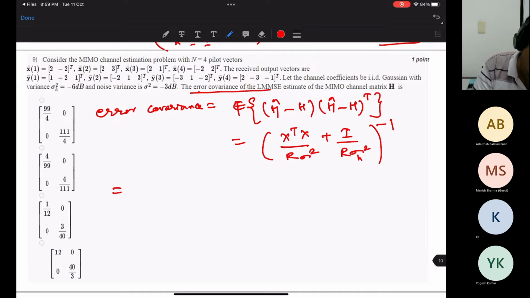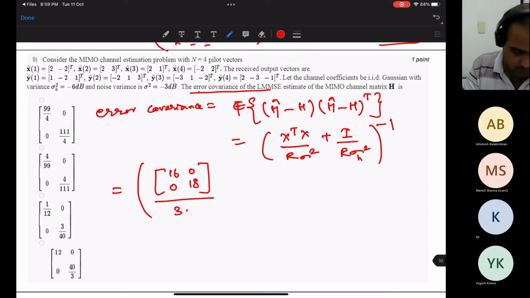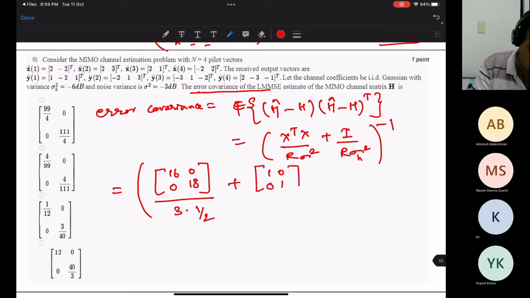So we'll just substitute the values in this. X transpose X is 16, 0, 0, 18 divided by 3 times sigma squared, which is -3 dB, so this is half, plus 1, 0, 0, 1 times 3, and sigma_H squared is basically 1 by 4.